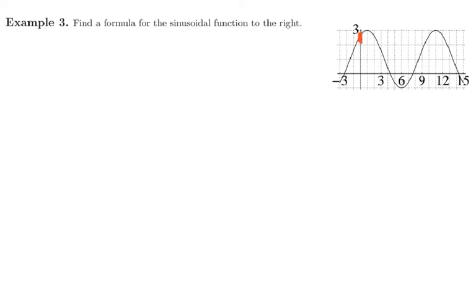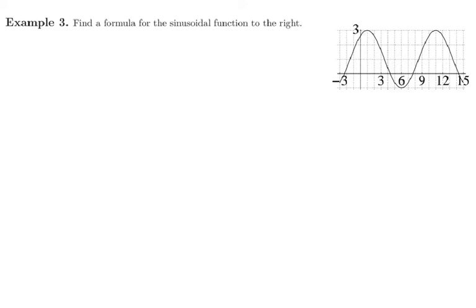It's not at the maximum and it's not in the middle. It's somewhere in between. So it would make sense then to use either the sine or the cosine function. The way I'm going to determine it is just by choosing whichever one seems to have a point that is more easily identifiable.